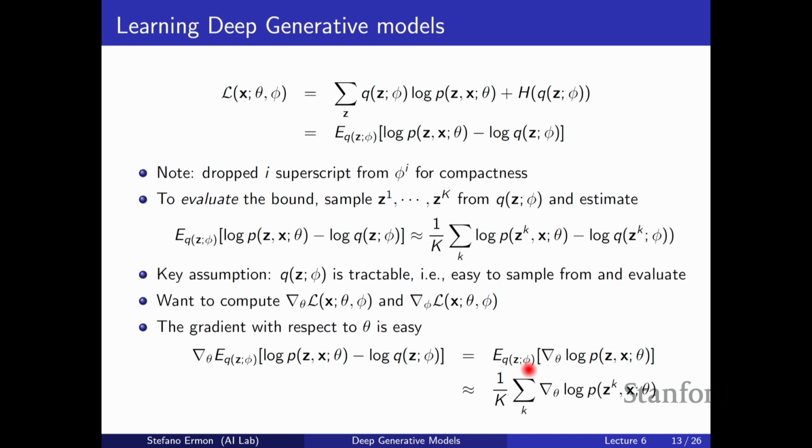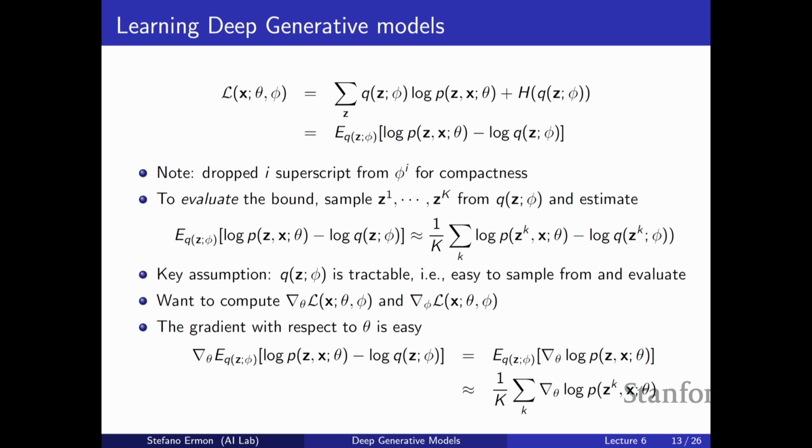You can just take your samples, evaluate the gradients of the log probability with respect to theta, and this is fully observed. So this would be exactly the same gradient as in an autoregressive model. You have the Z part, you have the X part, so you know how to evaluate these probabilities. And you just take gradients and update your theta parameters that way. So this part is very easy.